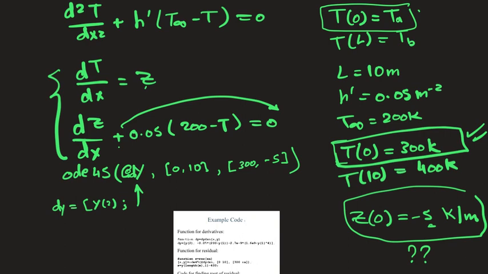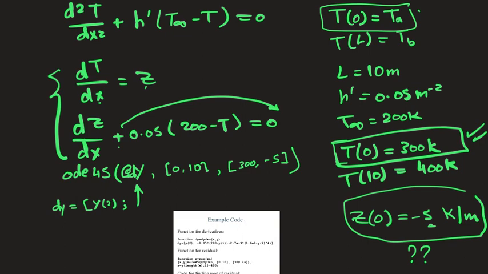The first one is easy. The derivative with respect to the independent variable, which is not written on the right side, is always on the left side. That derivative is equal to z, so we say it's equal to the variable as is. The variable z, we call y2.